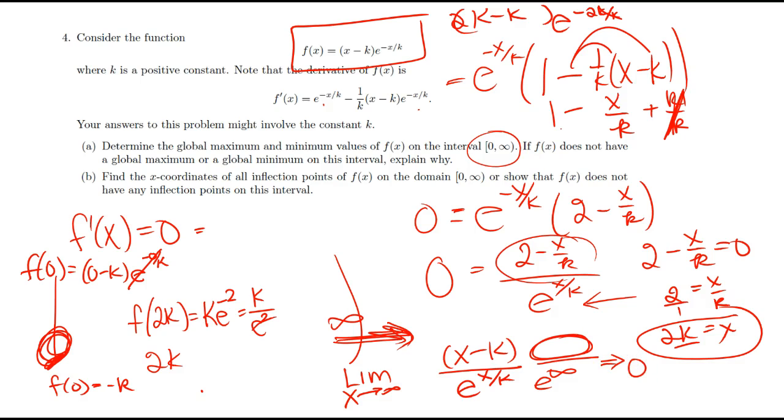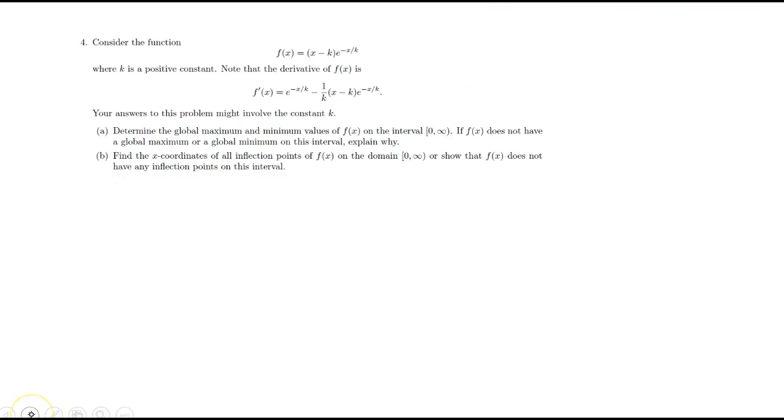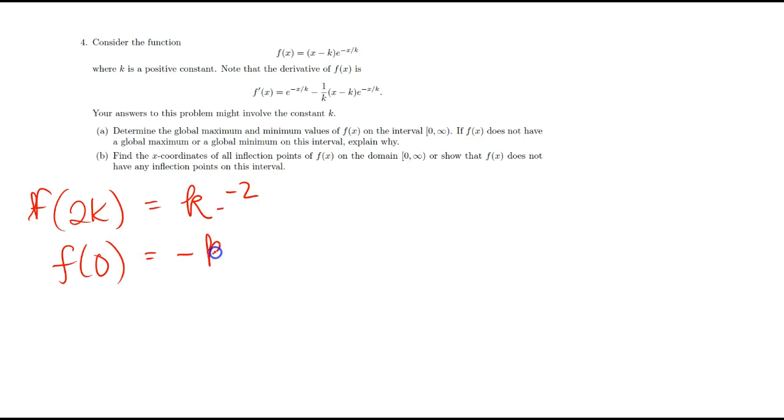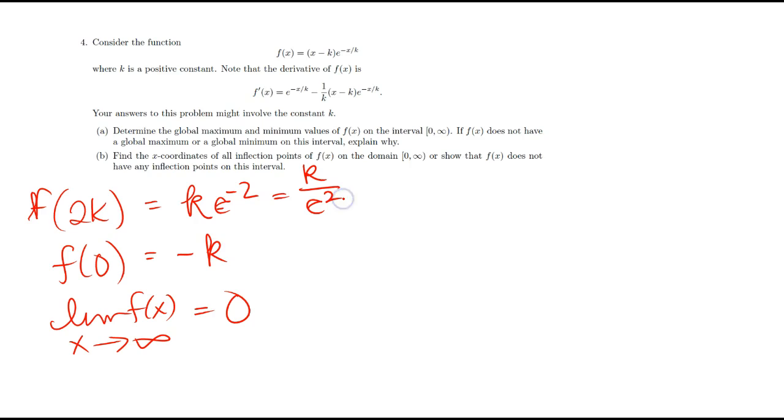So what we found is that the function at 2k, which is somewhere in the middle of our domain, looks like this. The function at 0, which is the end of our domain on one side, and the limit of the function as x goes to infinity on the other side is 0. This is k e to the negative 2, so this really is k over e squared.